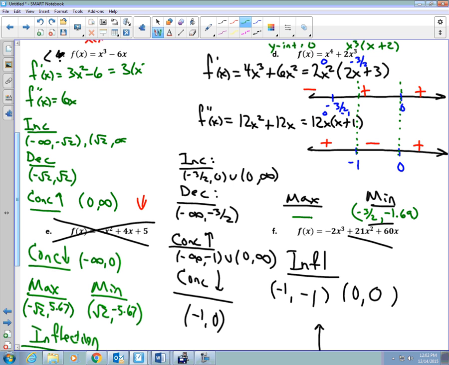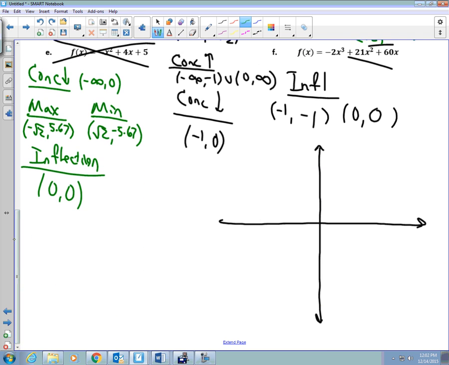So what are the x-intercepts for the original function? Negative 2 and 0. So I have an x-intercept of negative 2, I have an x-intercept of 0, and a y-intercept of 0.